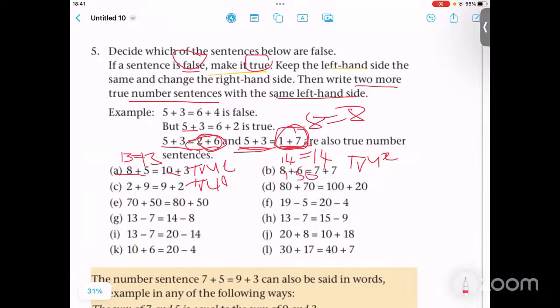Perfect. I'm so proud of you guys. And then what do you get when you add 100 and 20? 120. Perfect. Now, is 150 equal to 120?